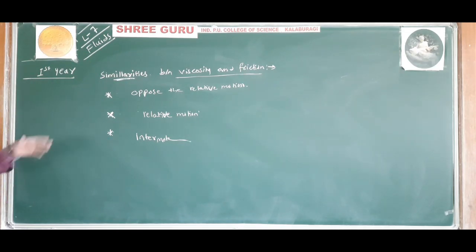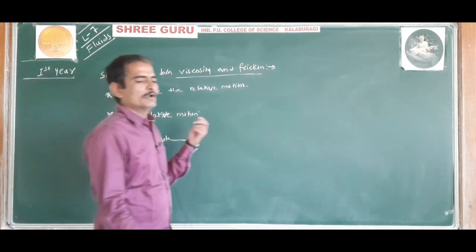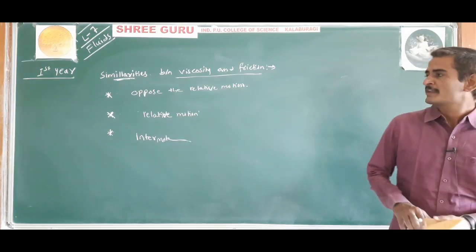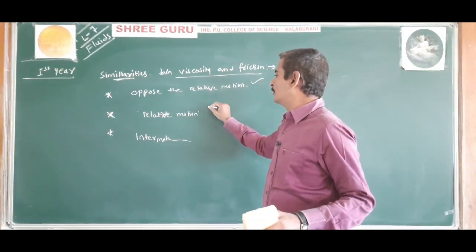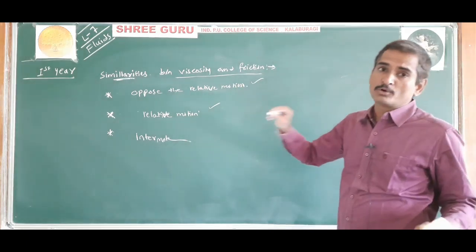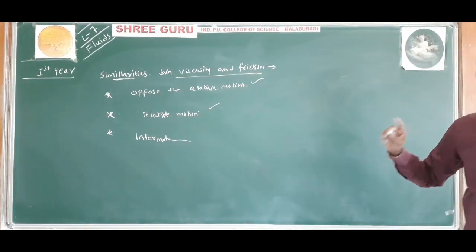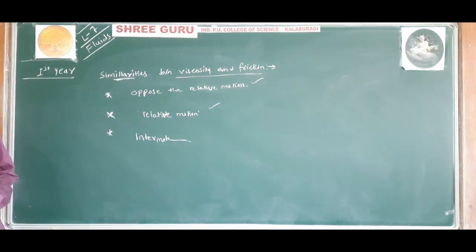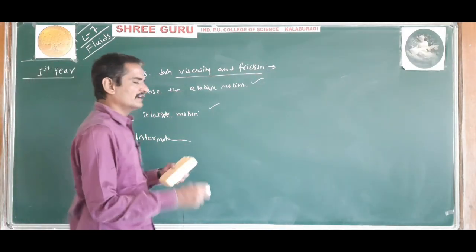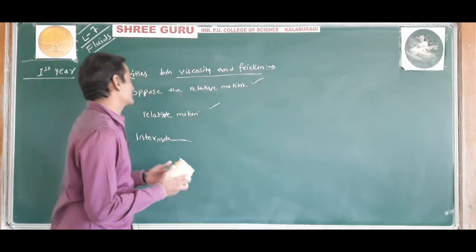These are some similarities between viscosity and friction. Understood? Both oppose the relative motion, both come into play only when there is a relative motion, and both are due to intermolecular interactions.